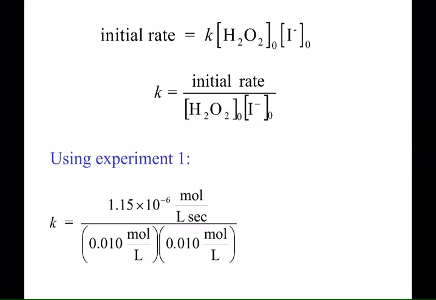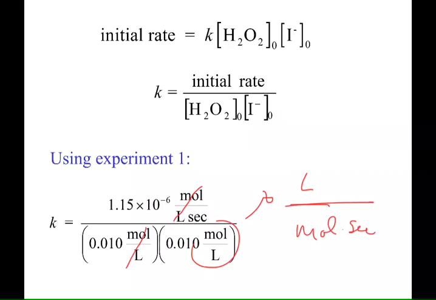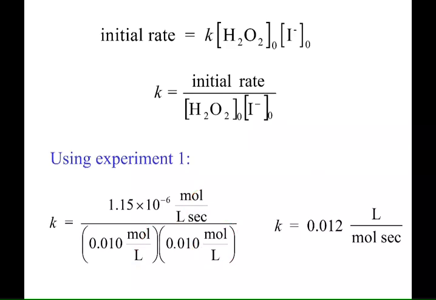So let's see, 1 over moles per liter, and that leaves units of, move these up, liters per mole second. Does that work for you? I think so. Round to 2 significant figures, you get 0.012. And units, like I said, would be liters per mole second.